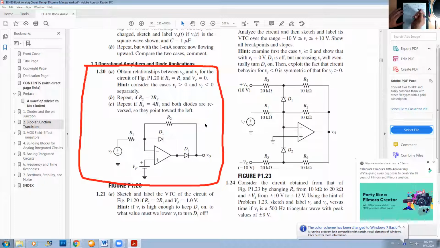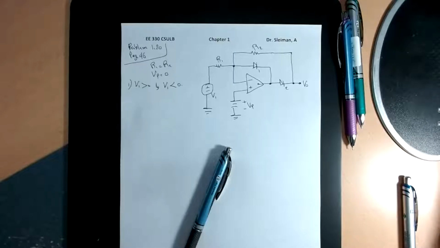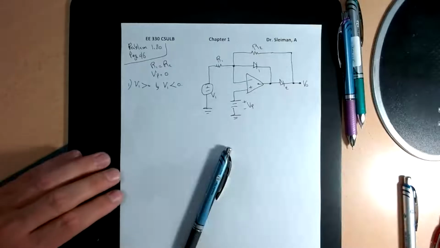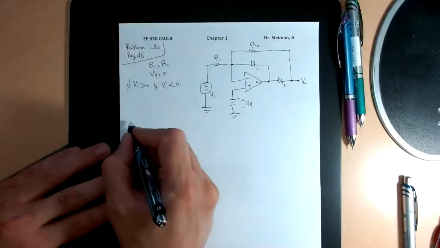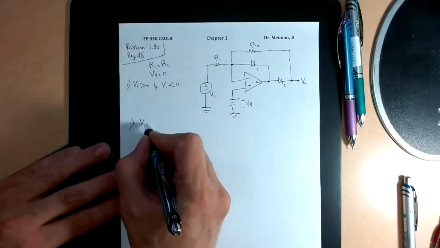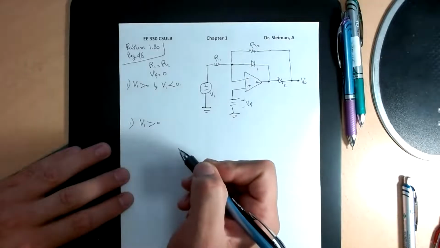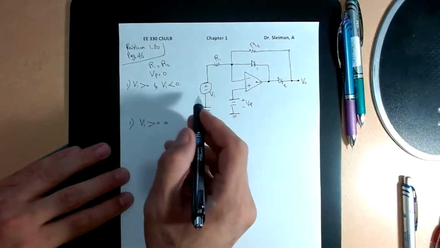So let me unshare it so I can see. Okay. So first we're going to take the first case, V1 is greater than 0. What happened when V1 is greater than 0?